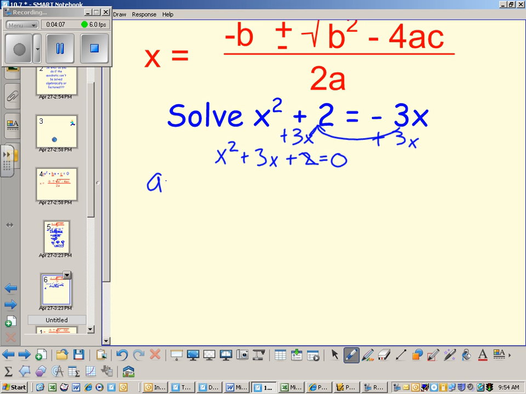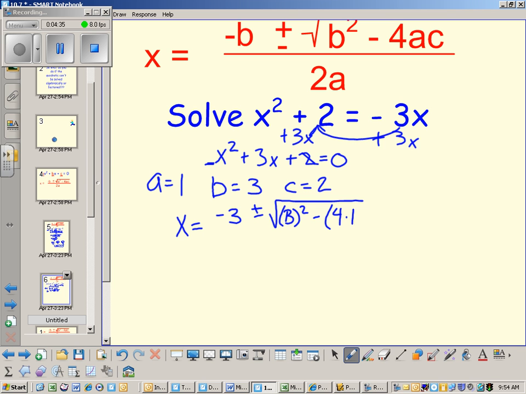So a is going to equal 1 in this case because there's no number in front of the x squared. b is going to be 3, and c is going to be 2. So then we put those into the quadratic formula. So x is equaling the opposite of b, so negative 3, plus or minus the square root of b squared minus 4 times a times c, so 4 times 1 times 2, all over 2 times a, or in this case 2 times 1.